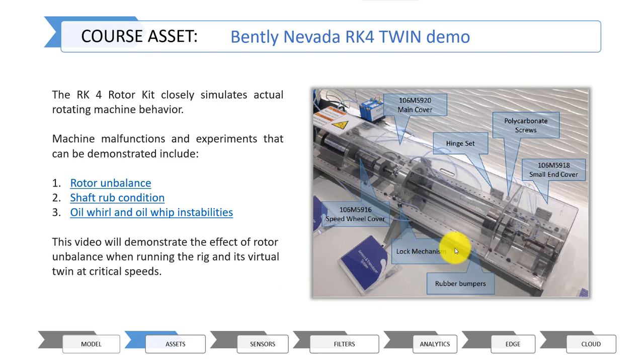But basically it consists of a frame supporting a motor, gear unit, and two bearings keeping the axle in position. It also has some brackets with proximity sensors that can measure the displacements of the axle during acceleration through critical speeds. You can also add one or more inertias to the axle system.